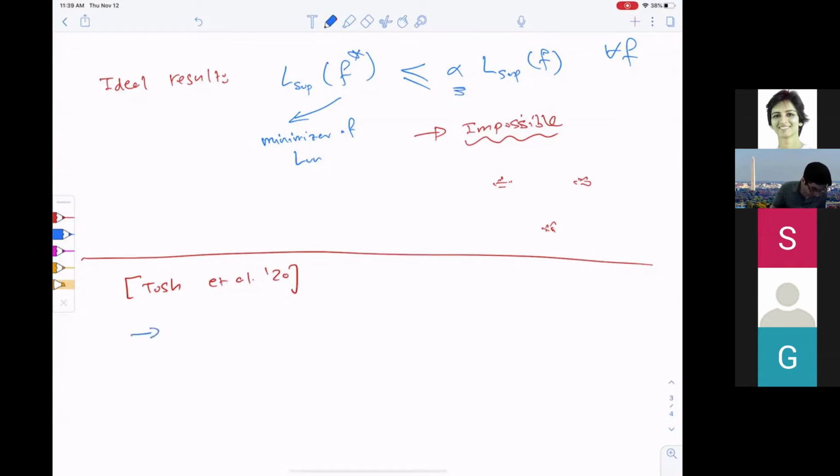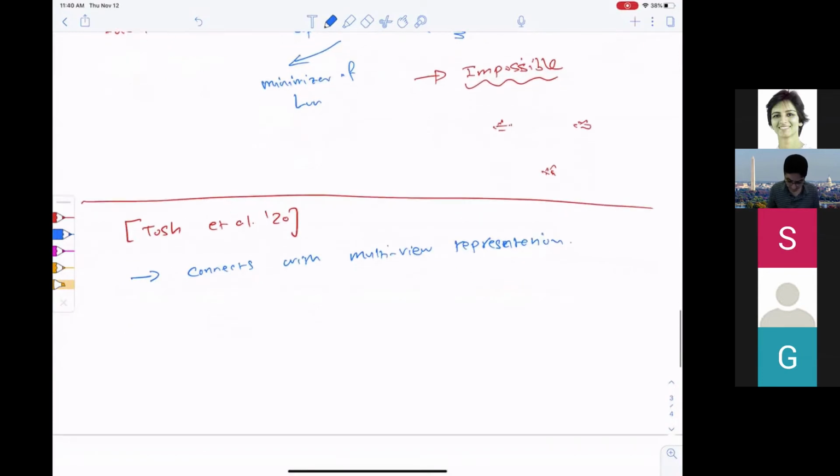So this work basically connects the problem of self-supervised learning with the problem of multi-view representation theory. Okay, still there are some caveats in the setup of results for this paper as well.